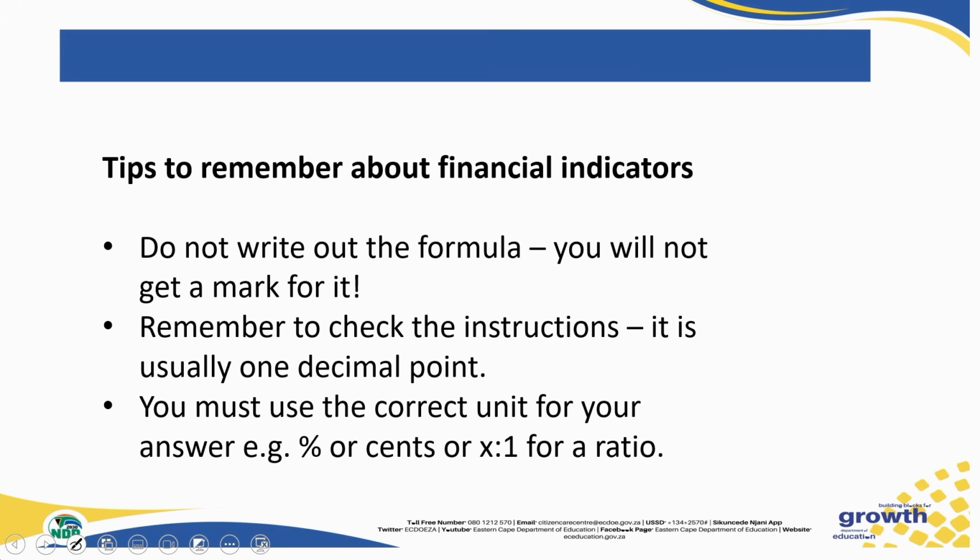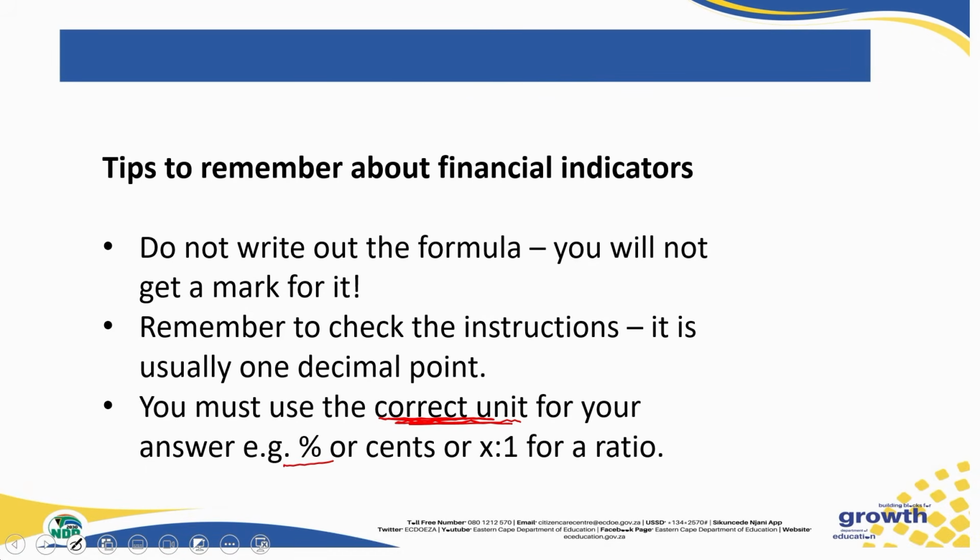So just please remember a few tips when it comes to financial indicators. Do not write out the formula because you will not get a mark for it. Back in our day, we used to get a mark, but you guys don't because you have the formula sheet. Also remember to check the instructions. It's usually said that you must answer to 1 decimal point.